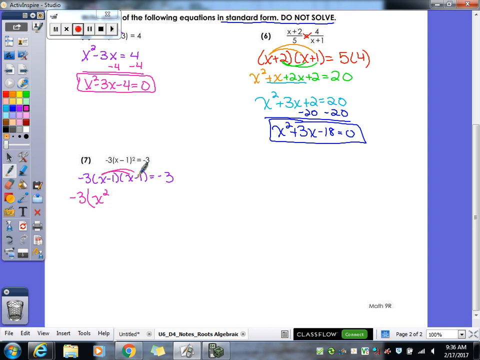X times negative 1 gives us a negative x. Negative 1 times x gives us another negative x. Negative 1 times negative 1 gives us a positive 1. So now combine our like terms. Negative x minus x would give us what? Yep, negative 2x.